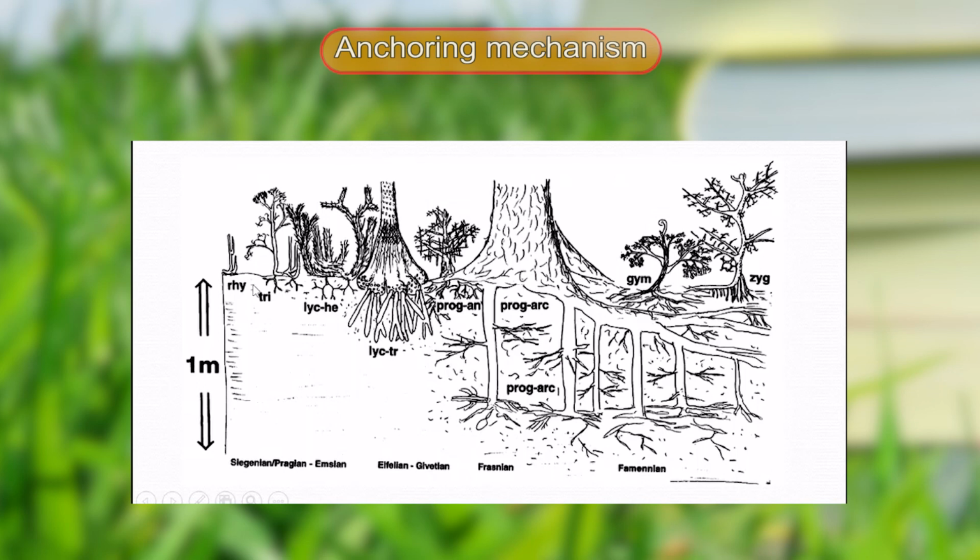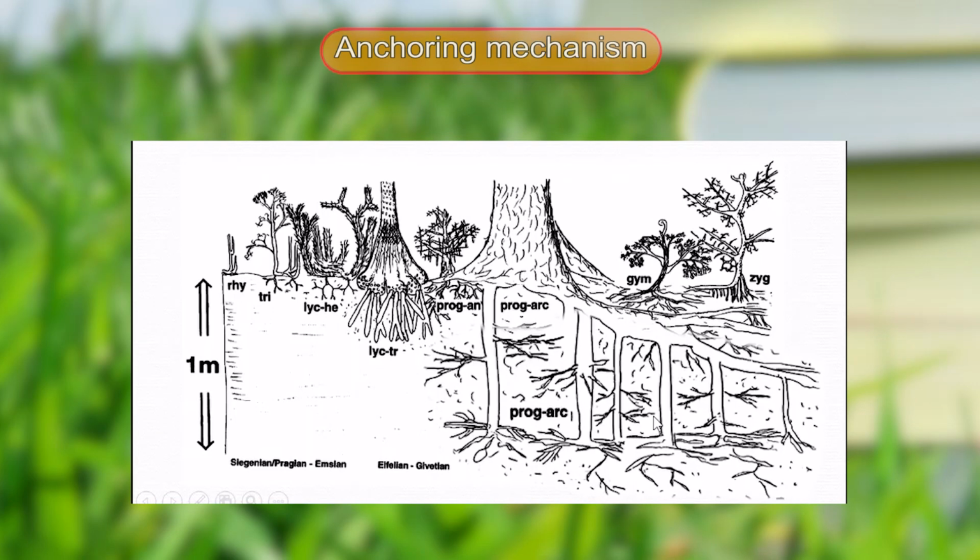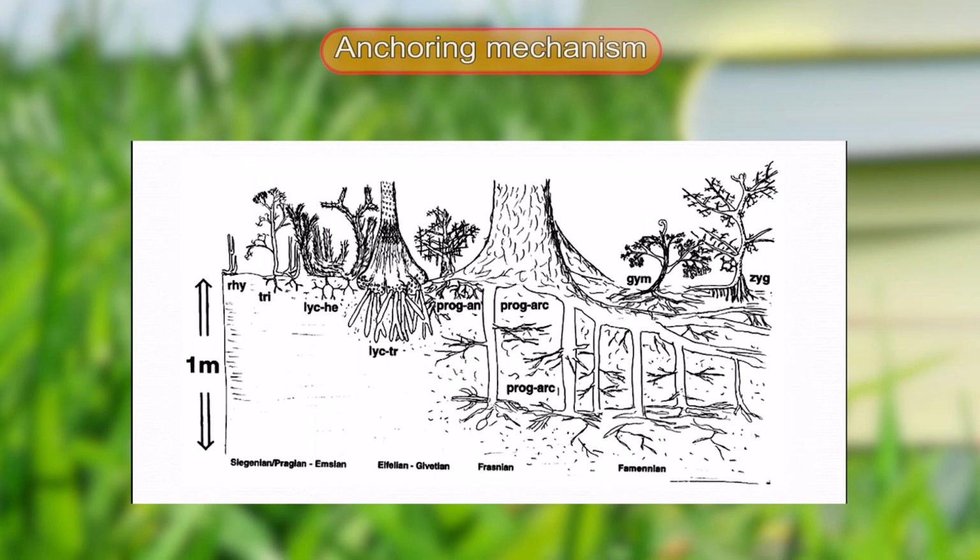You can see here that slowly the anchorage system, or the roots, have become elaborated, not only in length but also in their spreading. So this is how their anchoring mechanism was elaborated, and it also helped to keep the erect habit along with its canopy upright so that it does not fall off during extreme climatic conditions.